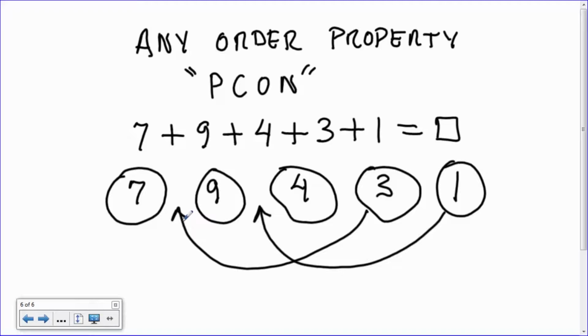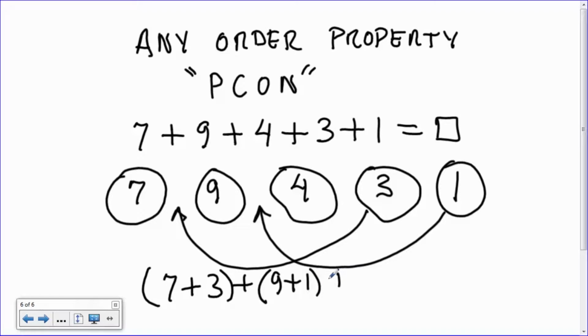But by making this change, notice what I've done. If I push the 3 with a 7, then I change this to 7 plus 3 by moving the 3 objects over with the 7 objects. And if I move the 1 over between the 9 and the 4, I'm really adding 9 objects to 1 object, or a group of size 9 to a group of size 1.